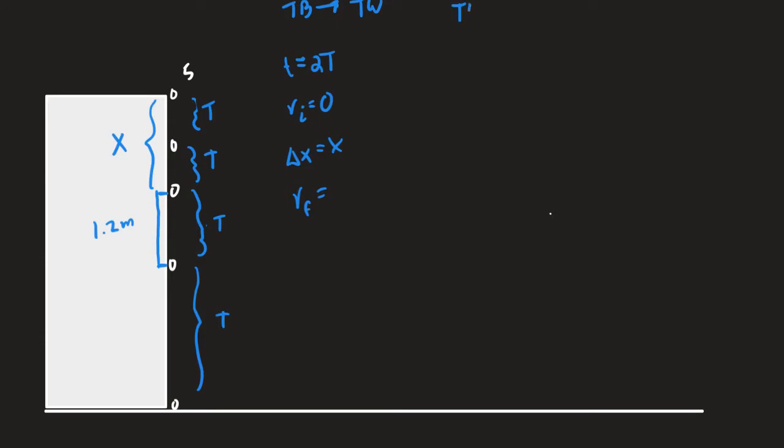From the top of the window to the bottom of the window, the time it takes is 1 period. It falls with an initial velocity that is unknown. We'll have a final velocity that is unknown, but falls a delta x of 1.2 meters.